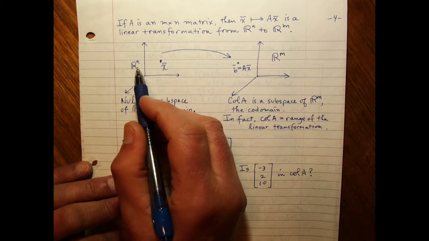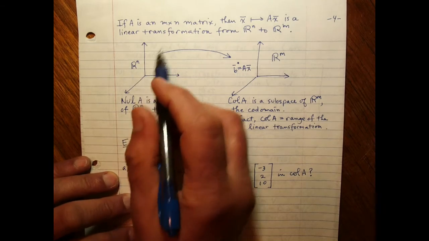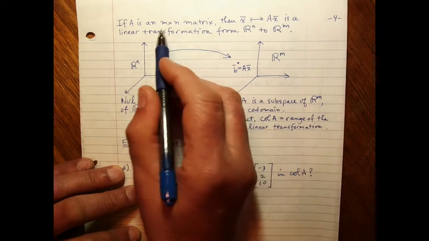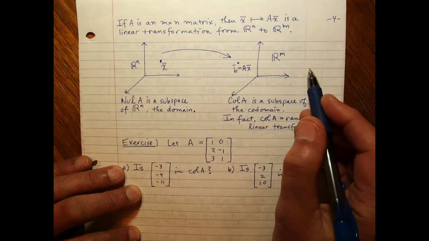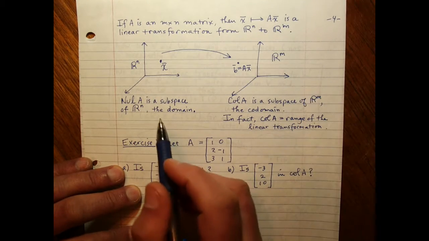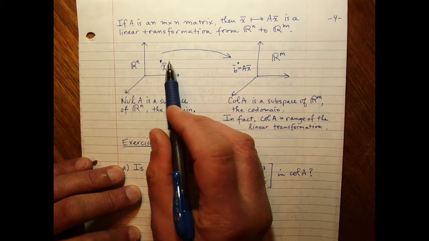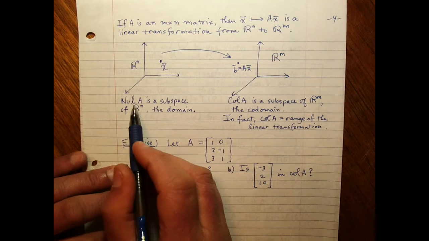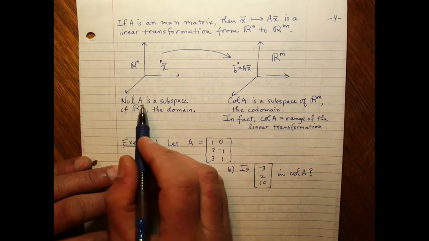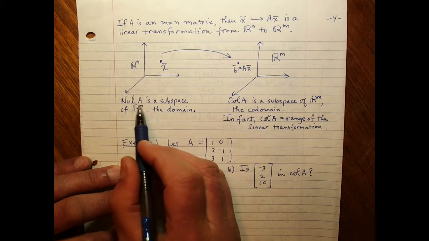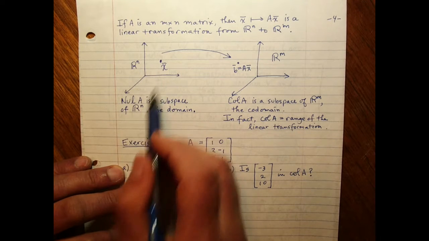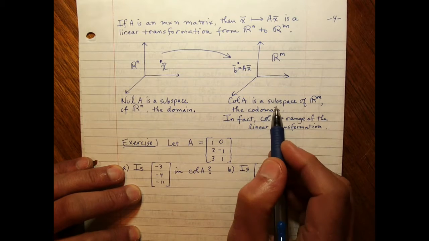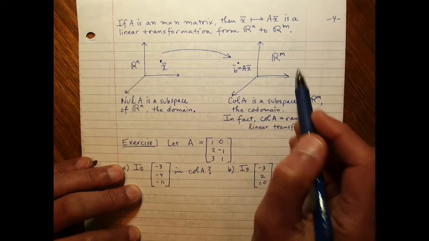So the domain dimension always matches the number of columns of the matrix A. The codomain dimension always matches the number of rows of the matrix A. And so if you think of this multiplication by A as a linear transformation from R^n to R^m, it's time now to realize the null space of A is a subspace of the domain R^n. The column space of A is a subspace of the codomain R^m.